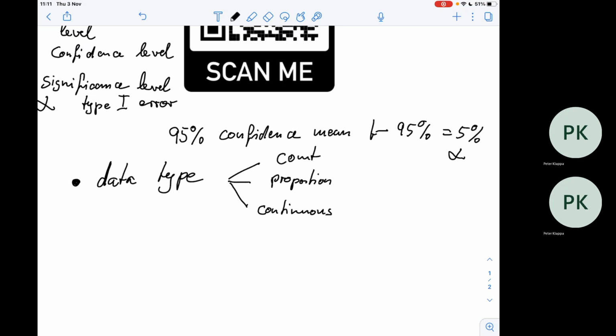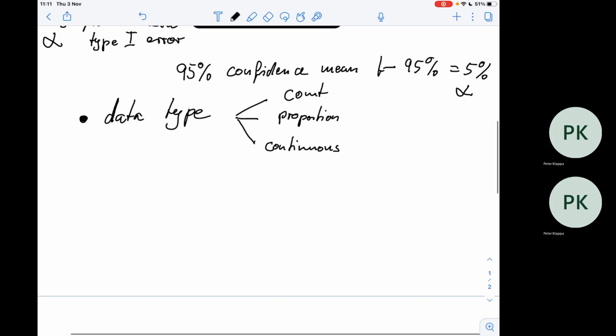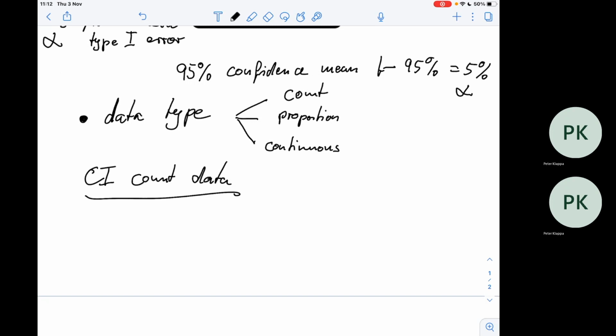Okay, so how do we find confidence intervals? Let's look at a confidence interval for count data. The good thing is you don't have to learn any equations, because the calculations can be a little bit, shall I say, involved.